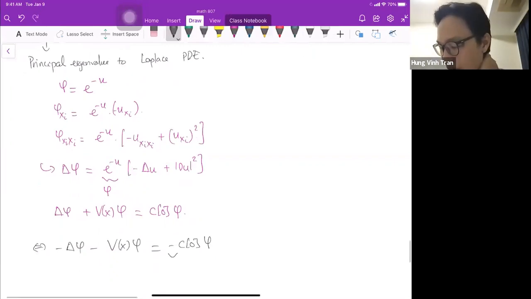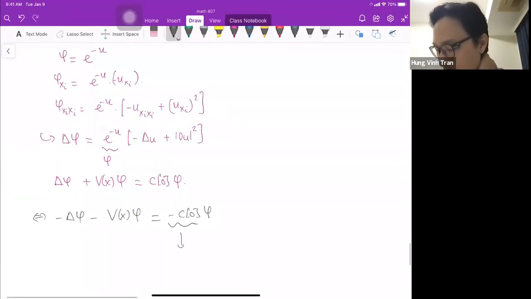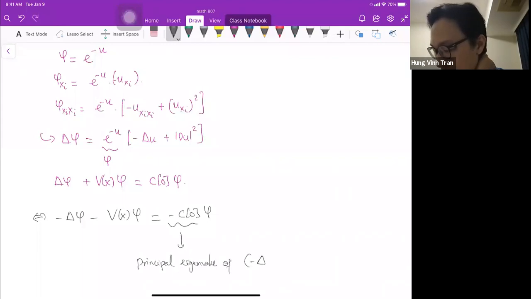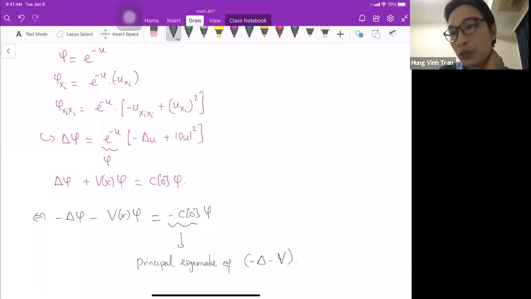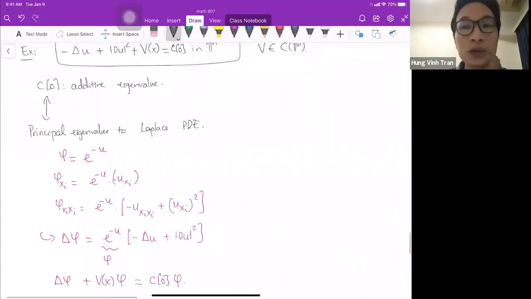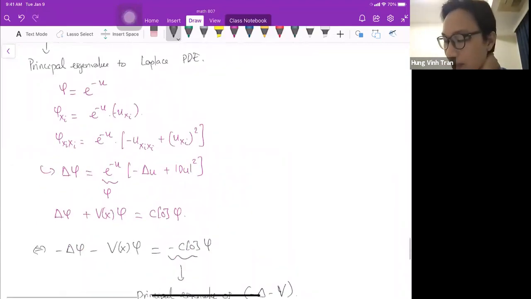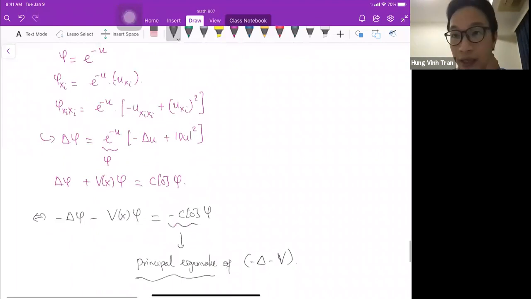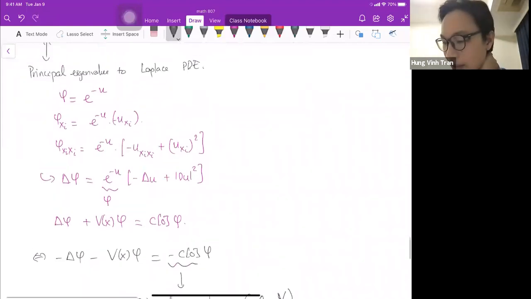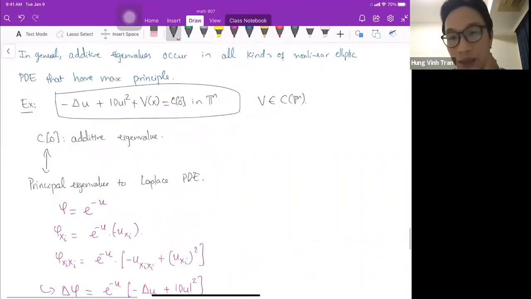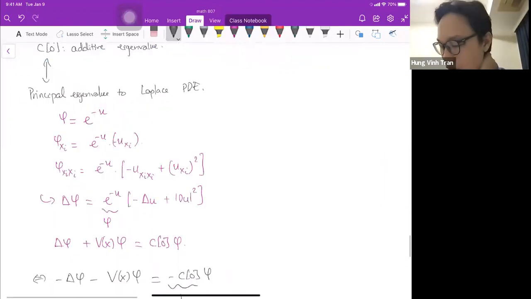And clearly, minus c naught here is the principal eigenvalue of the operator minus Laplacian minus V. Okay, so that's a link, and up to date, the question of understanding this principal eigenvalue, or understanding this kind of problem, you know.